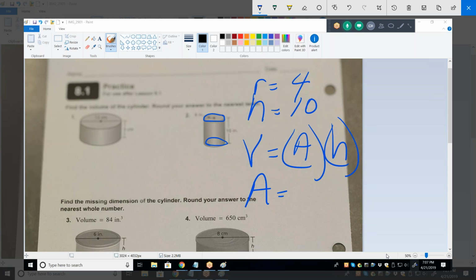Circular. So what is the area formula? A equals... No, it always starts out with pi. Pi r, now what's the rest of it?